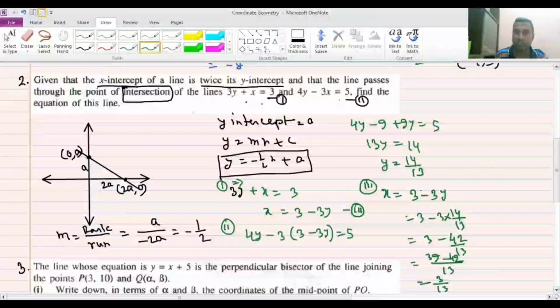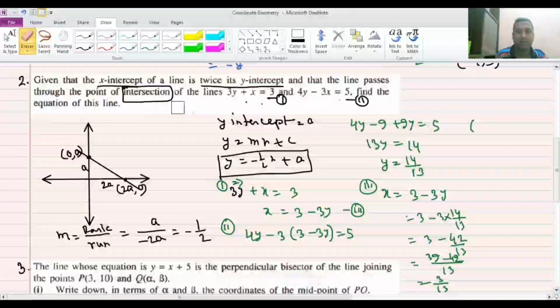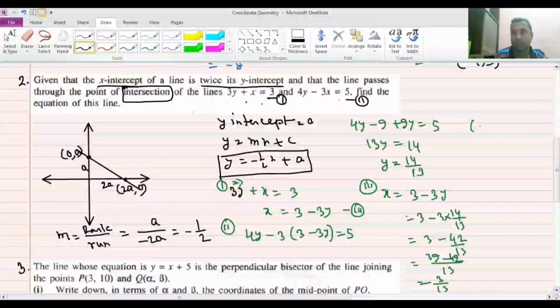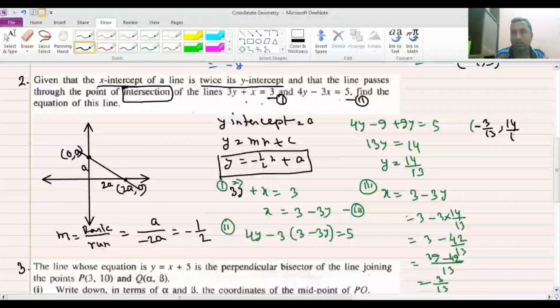Now the coordinates of this point will be minus 3 by 13 and 14 by 13, sorry, I made a mistake.